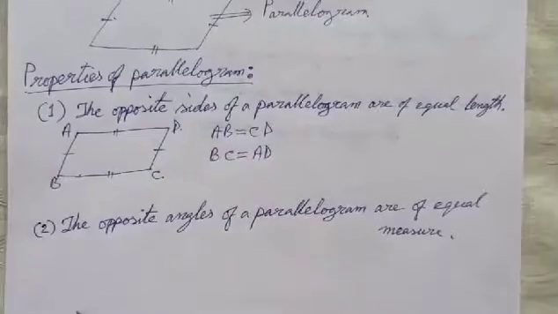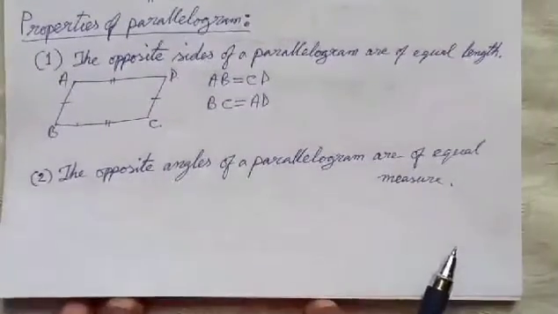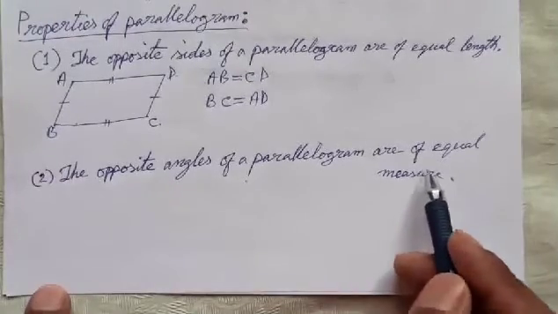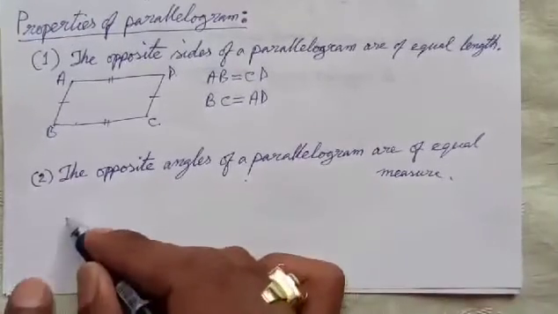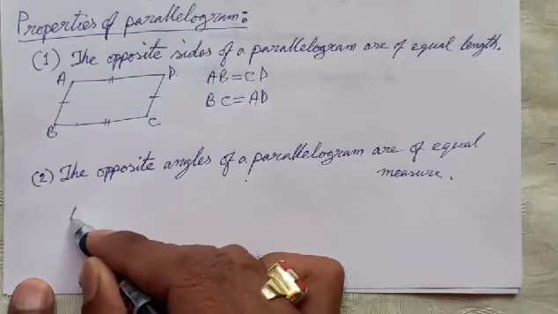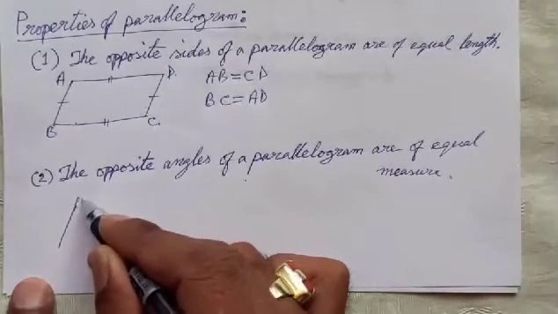Next is property number 2. The opposite angles of a parallelogram are of equal measure. Let me draw a parallelogram. Here, this is a parallelogram.